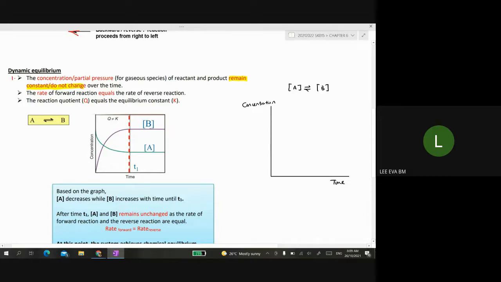If you see partial pressure, we normally refer to gaseous species, because only gaseous species have pressure. So this is the first point, where we say concentrations remain constant. I'm using short notes here for you to remember, instead of sentences. So concentrations, either reactants or products, remain constant.